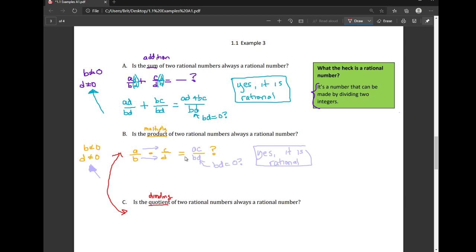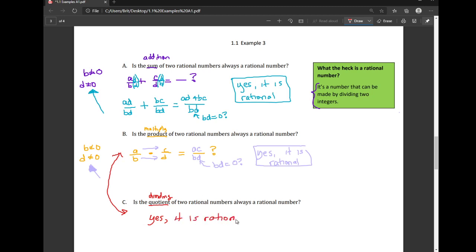So if I multiply things and I know I get a rational number, when I divide two rational numbers, I'm also going to get a rational number because they have that relationship. Because multiplication and division are inverse operations of each other, and multiplication produces a rational number, division will as well.